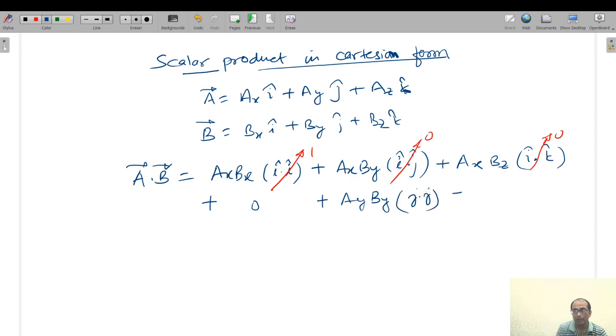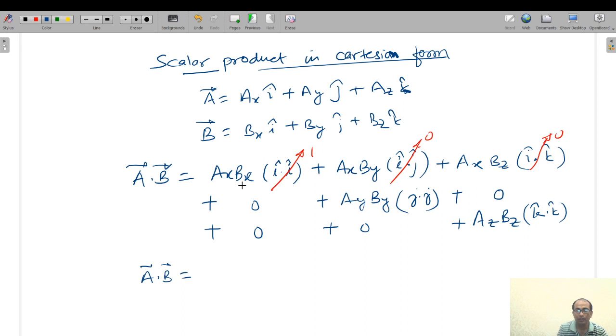AY with BZ gives j dot k, which is 0. Now multiply AZk in turn: k and i give 0. AZk with BYj, k and j are perpendicular to each other, so the product is 0. And when you multiply AZk with BZk, you get AZ into BZ and k dot k.